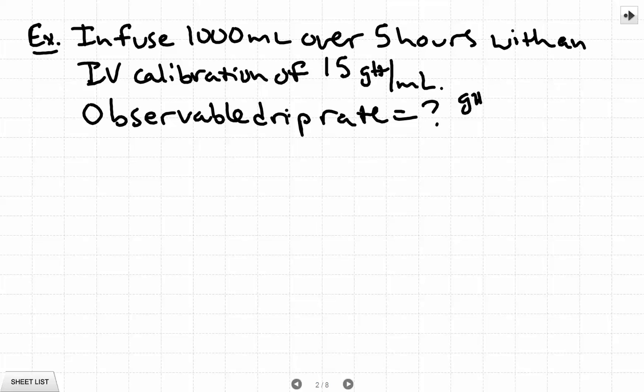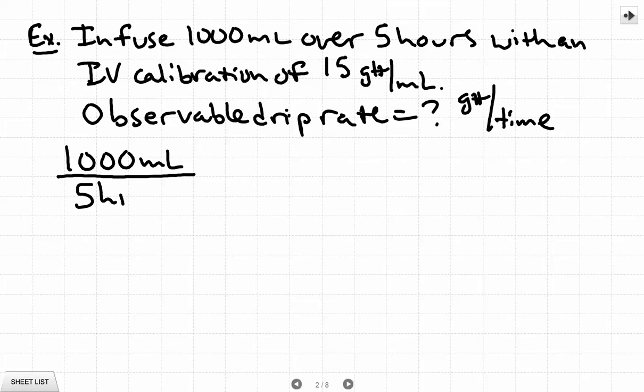And again, it's going to be some number of drops with respect to some unit of time where the number of drops is observable. So the standard way of doing this is to take the number of milliliters over the number of hours, start with 1,000 milliliters over the 5-hour period, and reduce this down to drops per second, and then modify that to get some number of observable drops in a fixed unit of time. So the easiest way that I know to do this is to start by getting out of hours and into seconds.